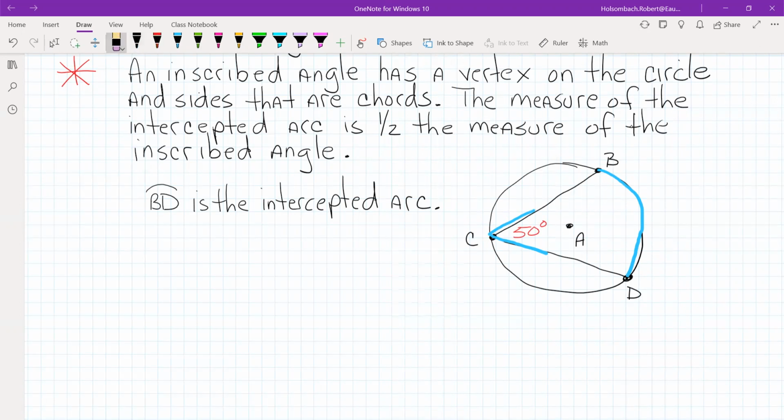The measure of the intercepted arc is, we're going to say, twice the measure of the inscribed angle. I apologize. If this inscribed angle here is 50 degrees, then this intercepted arc is 100 degrees.